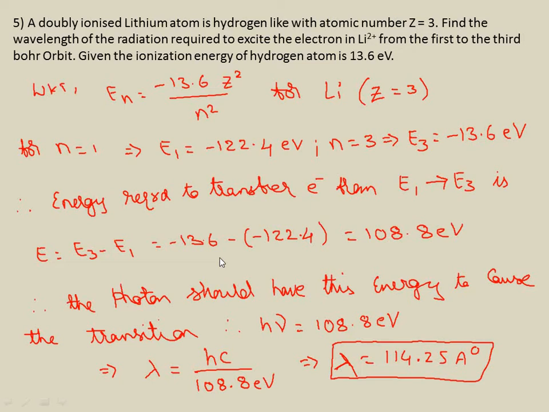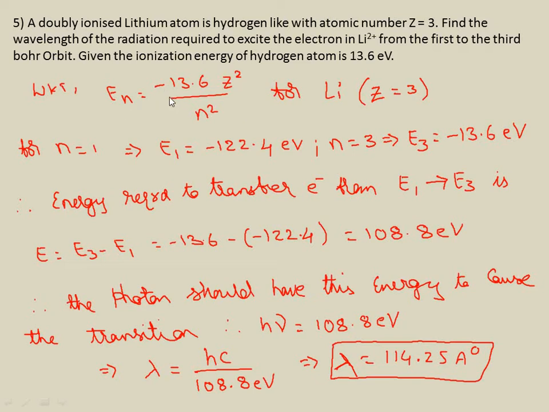A doubly ionized lithium atom is hydrogen-like with atomic number Z equal to 3. Find the wavelength of the radiation required to excite the electron in Li2+ from the first to the third Bohr orbit, given the ionization energy of hydrogen atom is 13.6 electron volt. Look here. Do we know this expression?